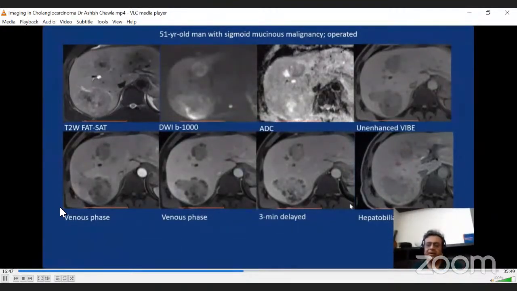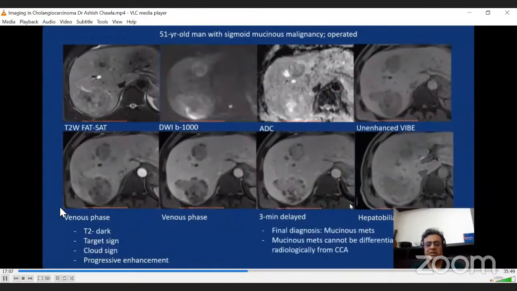So we knew from the history that the patient has a history of mucinous sigmoid mass. So these are probably metastases, and the clinician also knew that this is metastasis, but we have to give a differential diagnosis that maybe these are multifocal cholangiocarcinoma, a radiological differential diagnosis, but the final diagnosis was confirmed as mucinous metastasis.